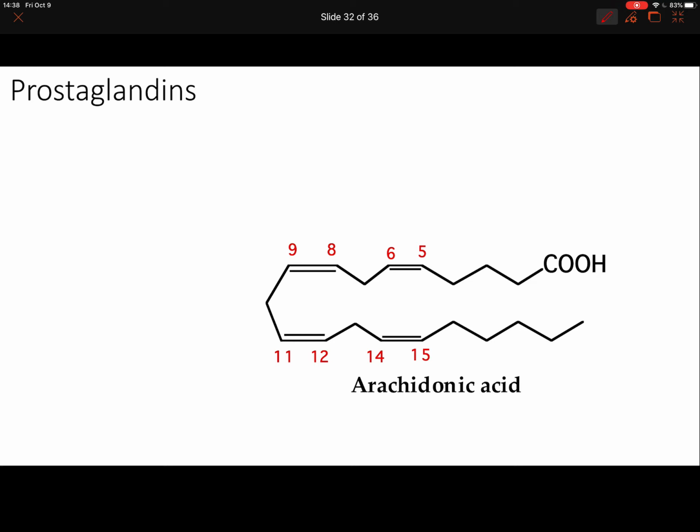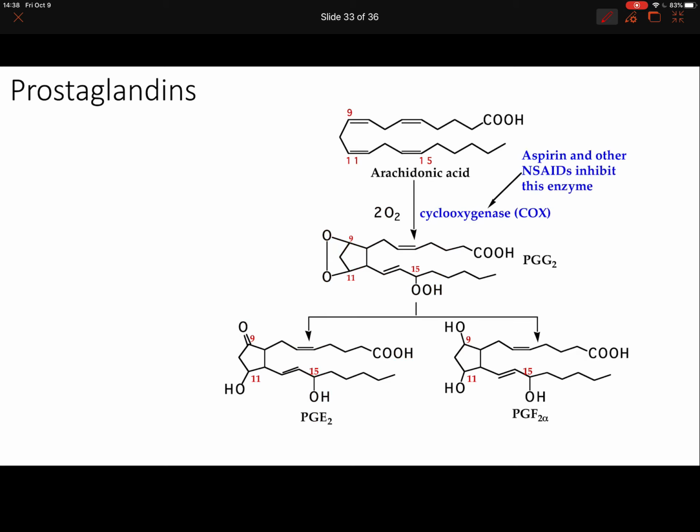Again, it's a polyunsaturated fatty acid, and just with the bonds, the way that they've drawn them here, you can see that there's some multiple cis double bonds in there. But anyways, these prostaglandins are involved in pain and inflammation.